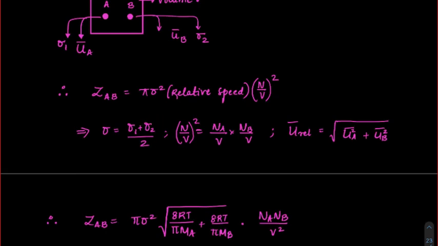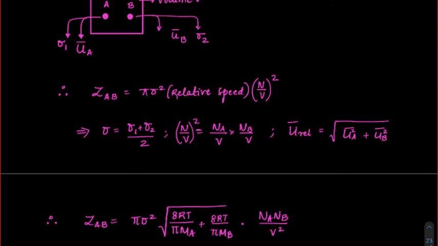That will be the new sigma. N by v whole square will be equal to Na by v, the number of particles of A per unit volume, into Nb by v, the number of particles of B per unit volume. And relative speed would be equal to under root of ua square plus ub square.